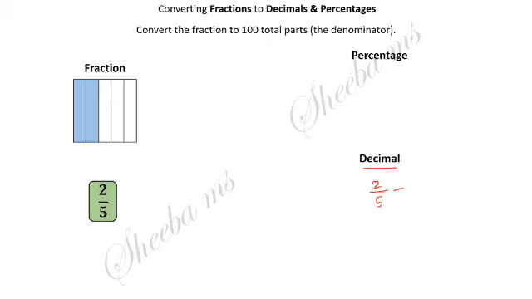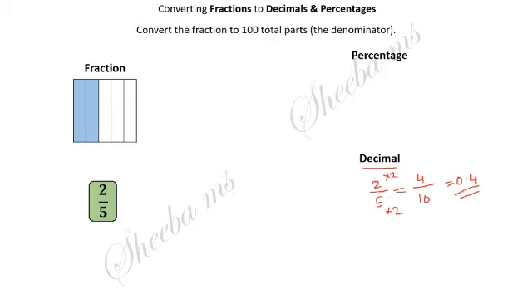For changing into tenths, the denominator 5 we have to multiply by 2 to get 10. Here also we multiply by 2, that is 4. So 4 by 10 is equal to 0.4. So the decimal form is 0.4.